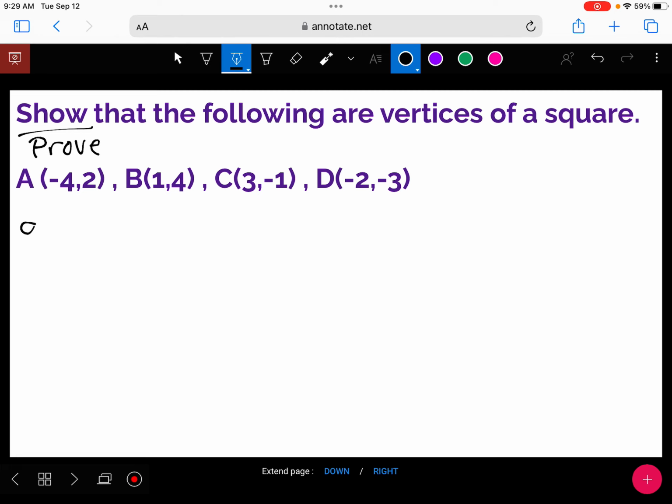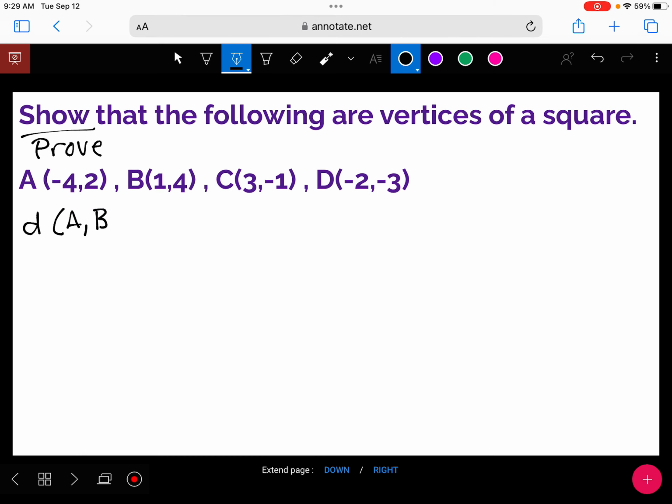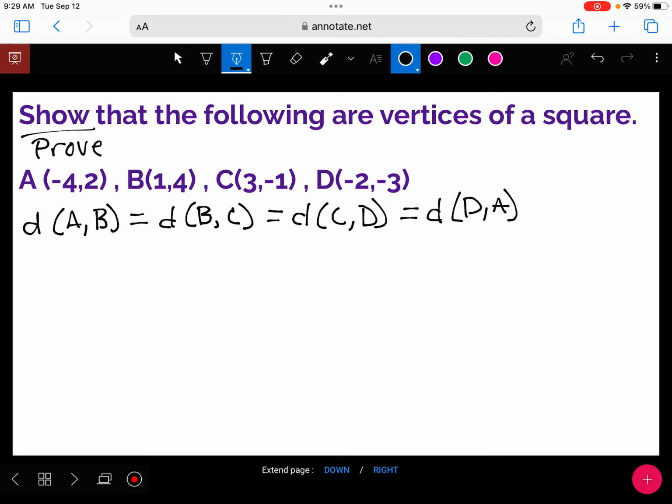So we're going to need the distance from A to B to equal the distance from B to C to equal the distance from C to D to equal the distance from D to A. We need all four sides to have the same distance.